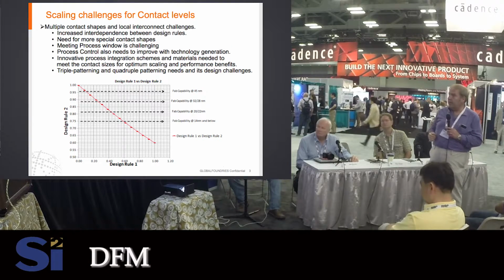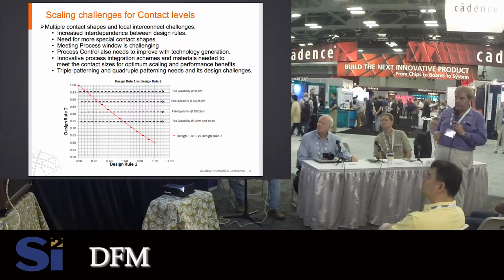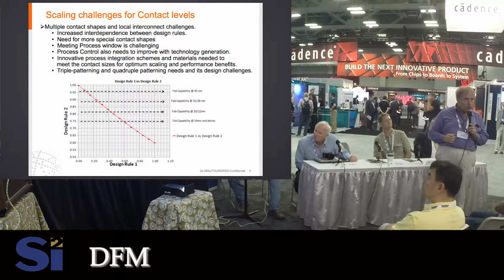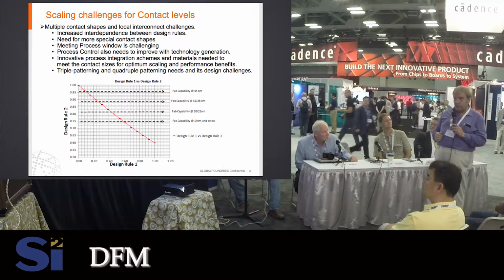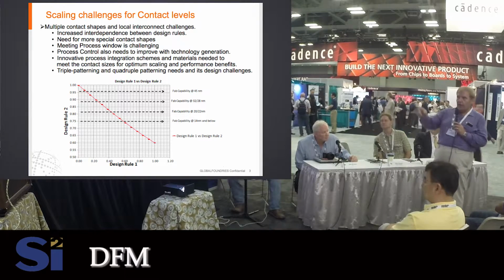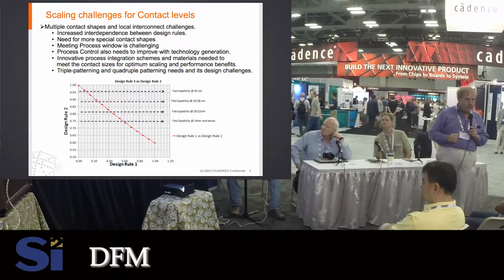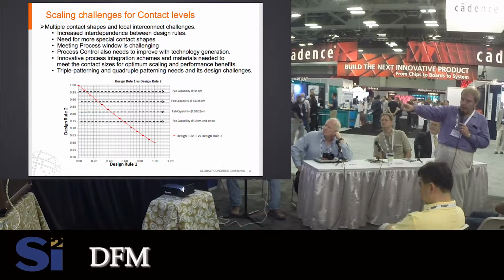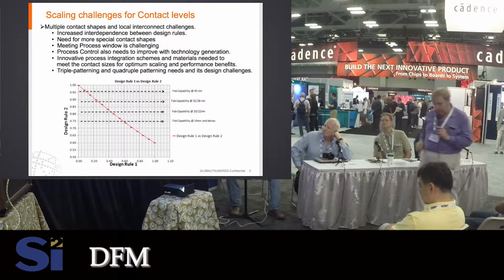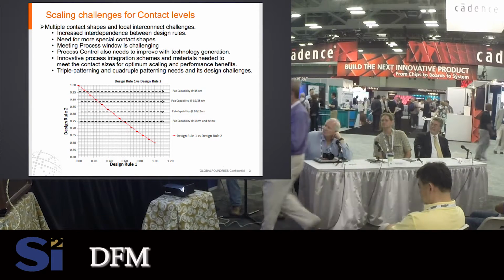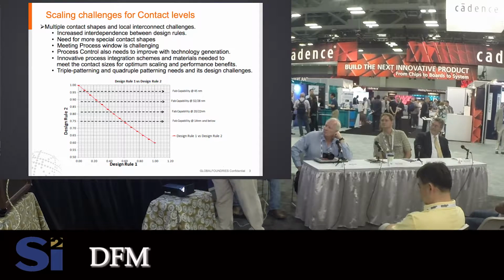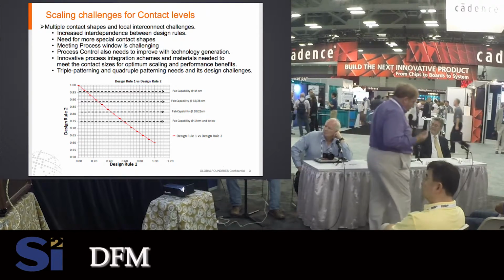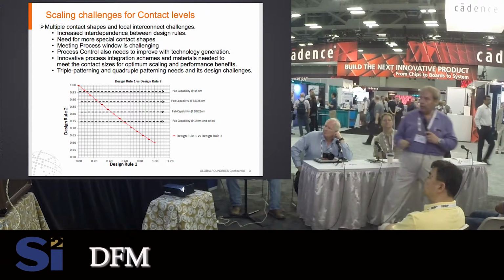Let's go to the next page. I tried to hide the issue by just calling it design rule 1 versus design rule 2, but basically there's a strong trade-off between design rules. You can have trade-offs up here way above your fab capability, or you have trade-offs that are way below there.